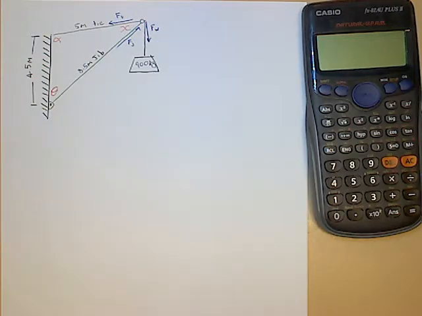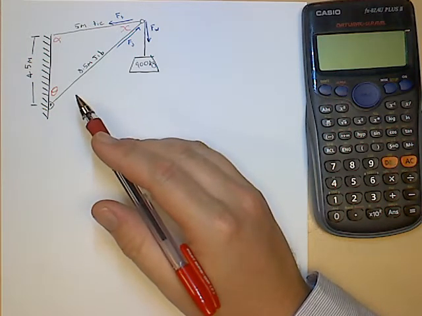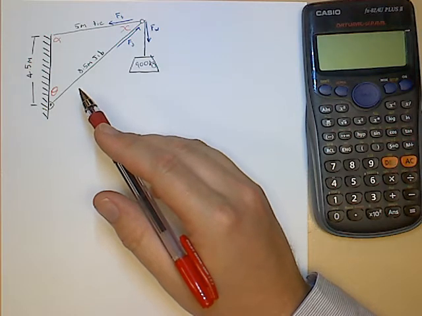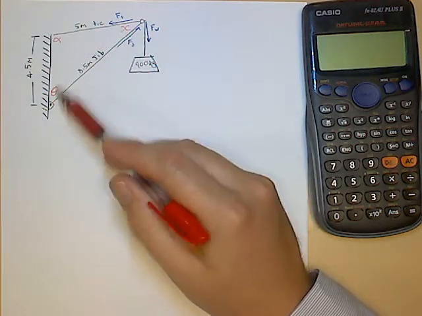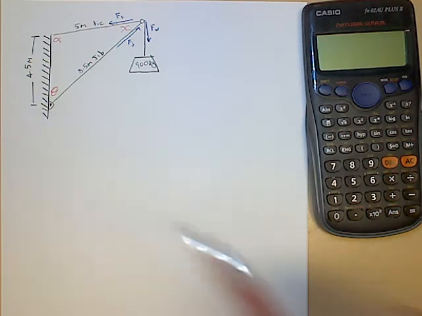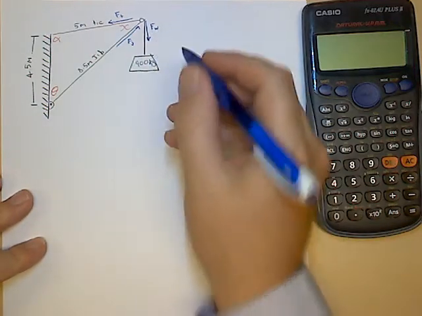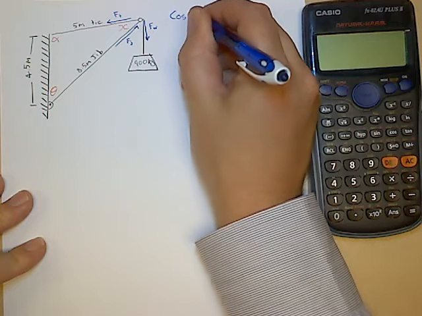All right. So this is a non-right angle triangle, which means we can't use right angle trig. We only know sides, so we can't use the sine rule. So we're going to be using the cosine rule. Let's write that out.